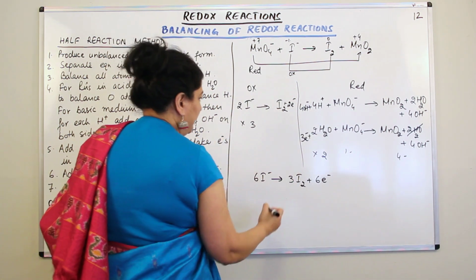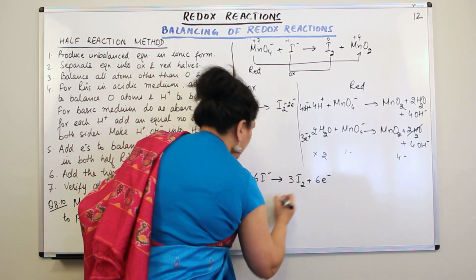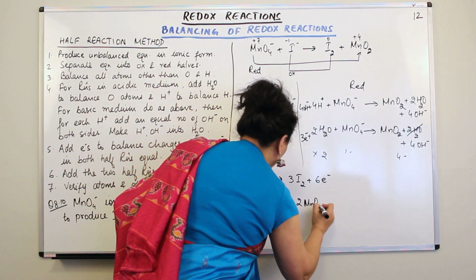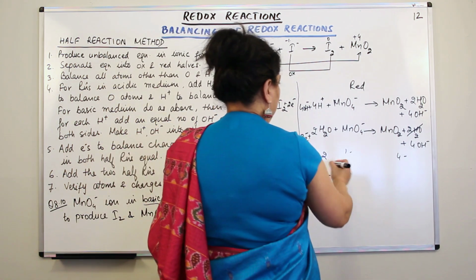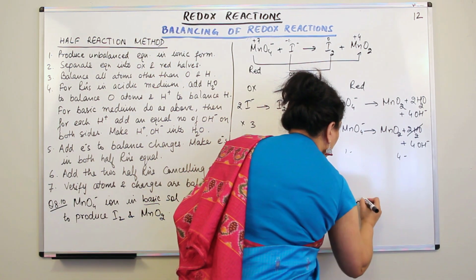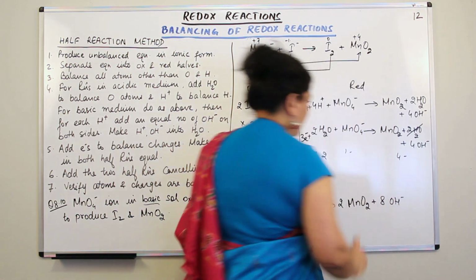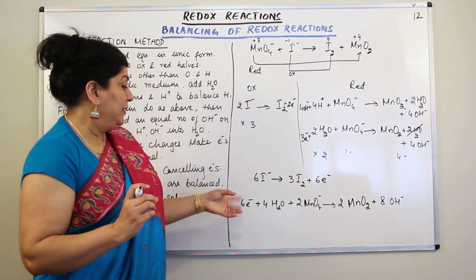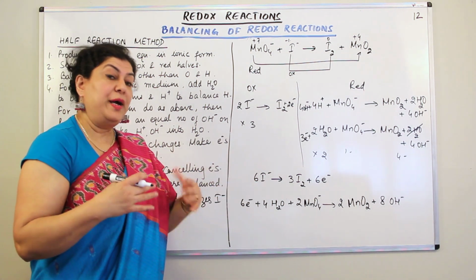Then the reduction half will become 3 2s are 6 electrons plus 2 2s are 4 water plus 2 MnO4 negative will give you, again multiply, 2 MnO2 plus 4 2s are 8 OH negatives, right? So now you have multiplied the reduction half by 2 and you have multiplied the oxidation half reaction by 3.